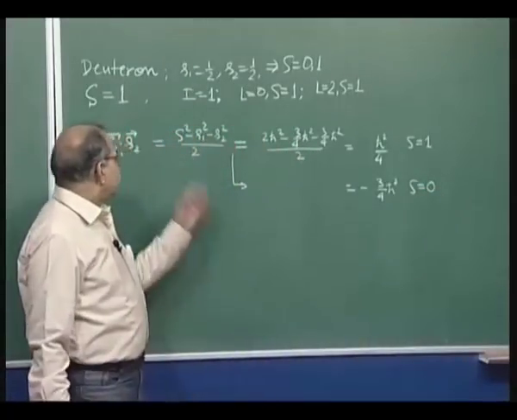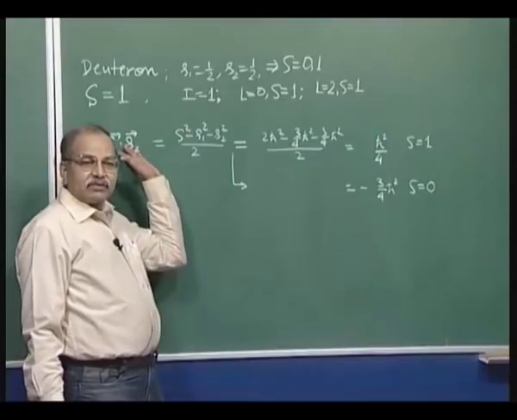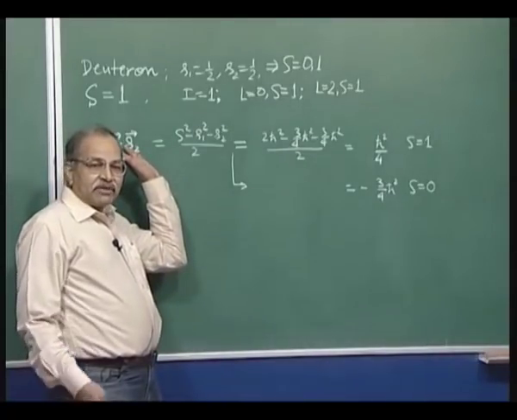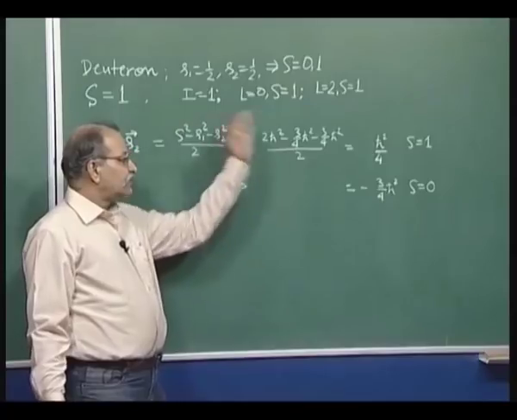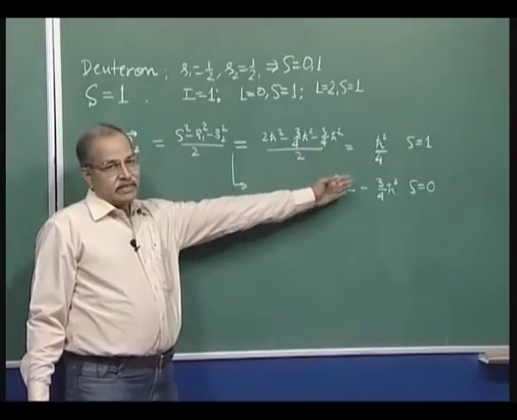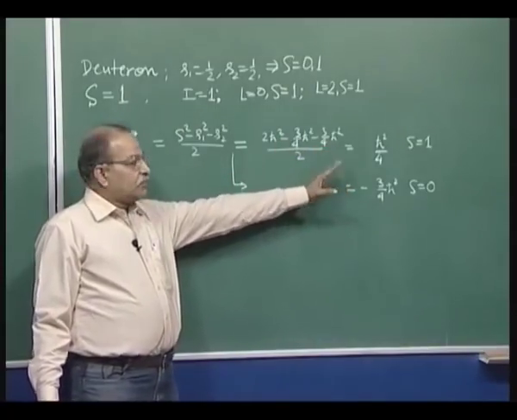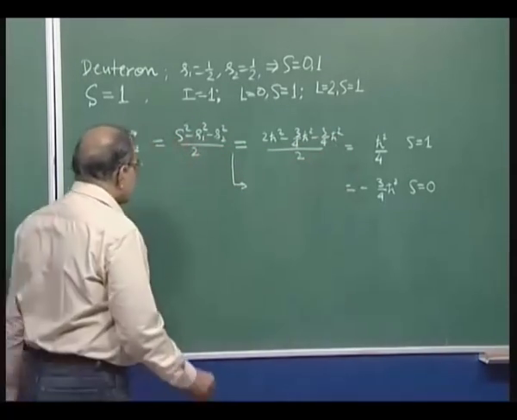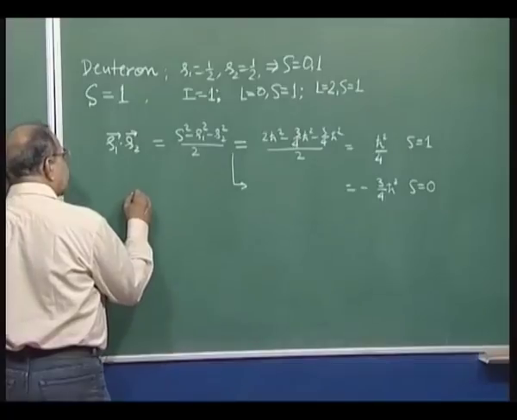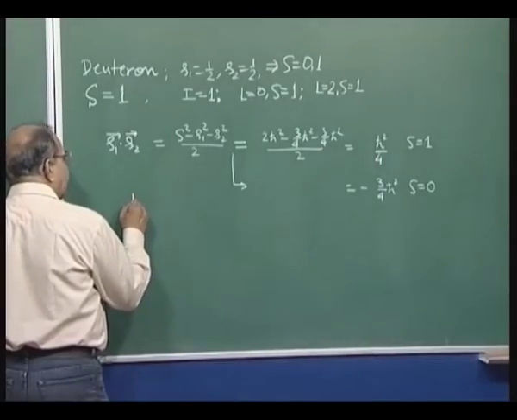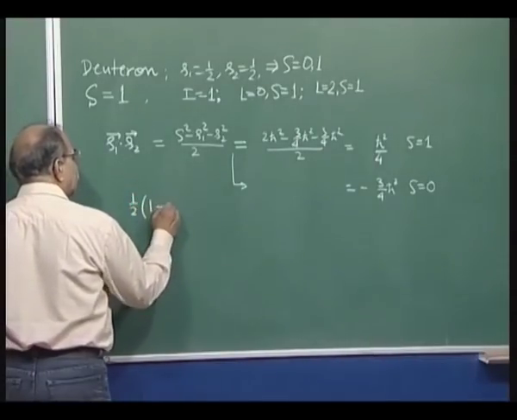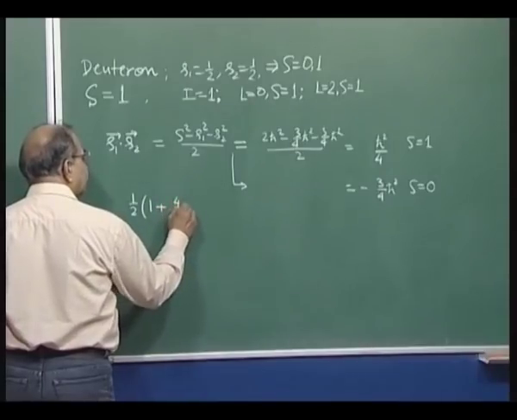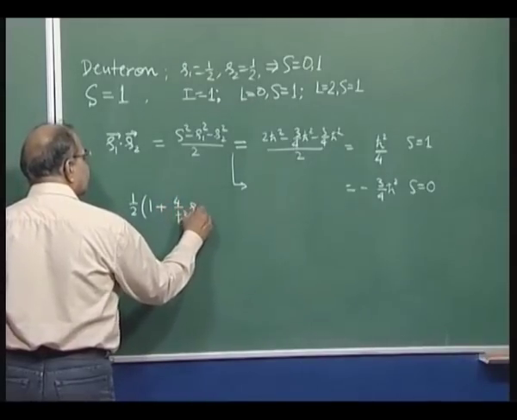Okay. So, if I include this type of term in the Hamiltonian, then I have different interaction potential for capital S is equal to 1 and capital S equal to 0. People try to shift it equally both sides. So, they write some operator which is say half of 1 plus 4 by h cross square S1 dot S2.